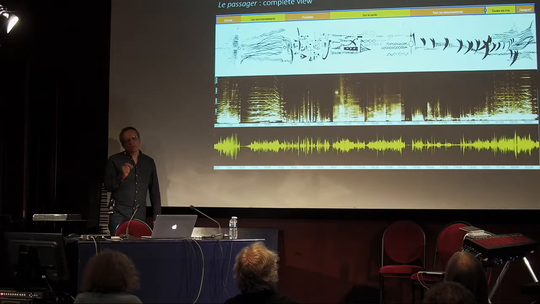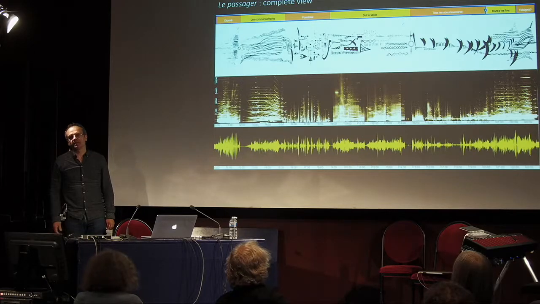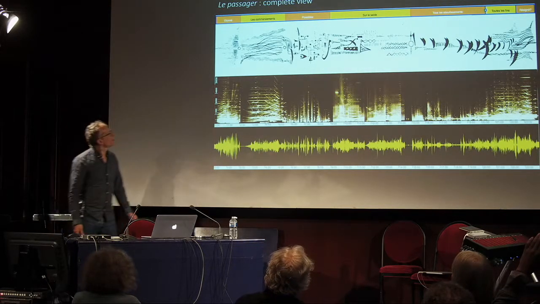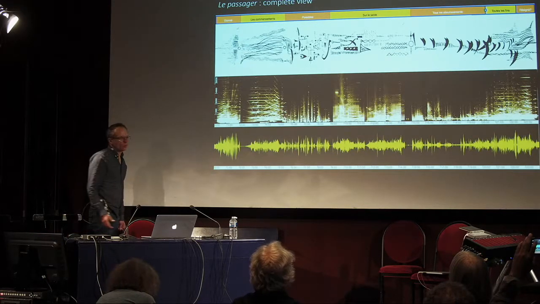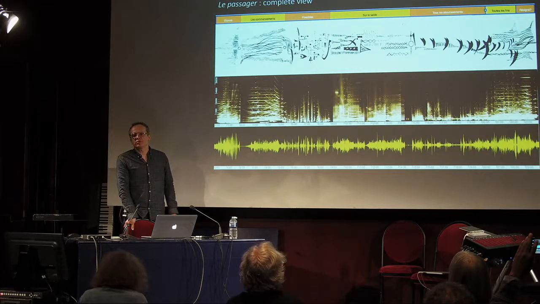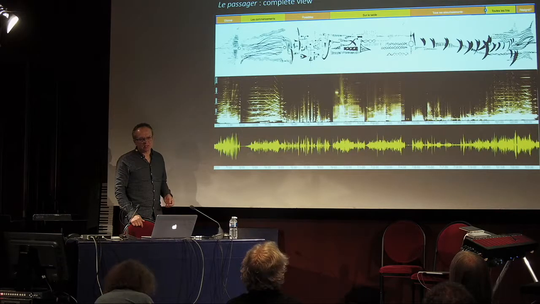Let's talk a little about how I did my piece, whose name is Le Passager, the passenger. I used the golden ratio in order to make the calculation of the duration of the parts. You've got 7 parts in the piece.